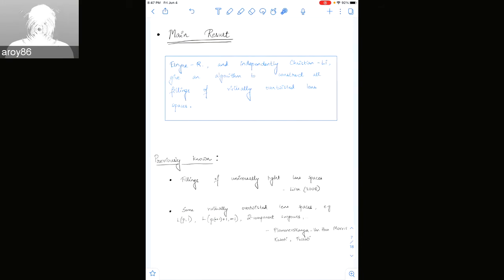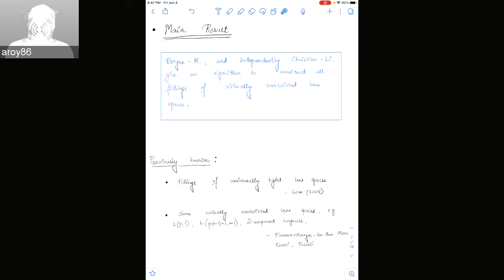So our work, John Etnyre and my work, and also Christian and Lee's work, completes the result, because all the universally tight ones were known through Lisca, and then we understand all the fillings of virtually over-twisted ones.